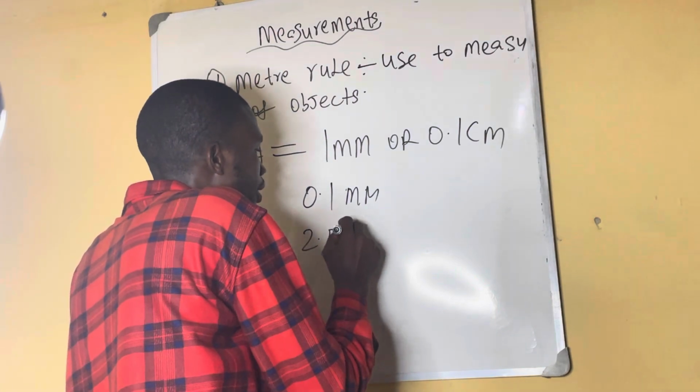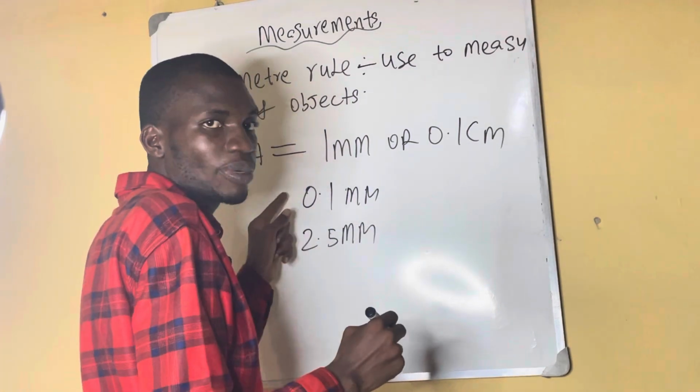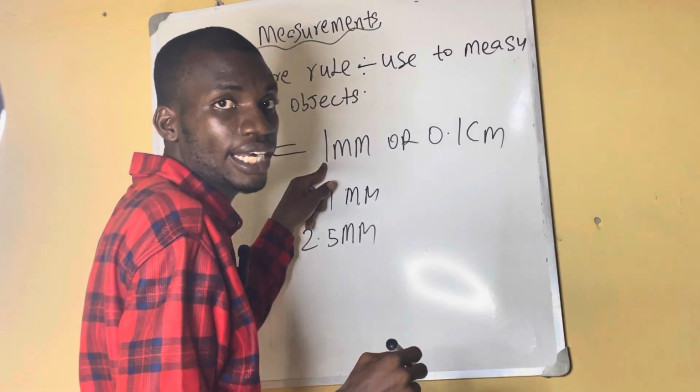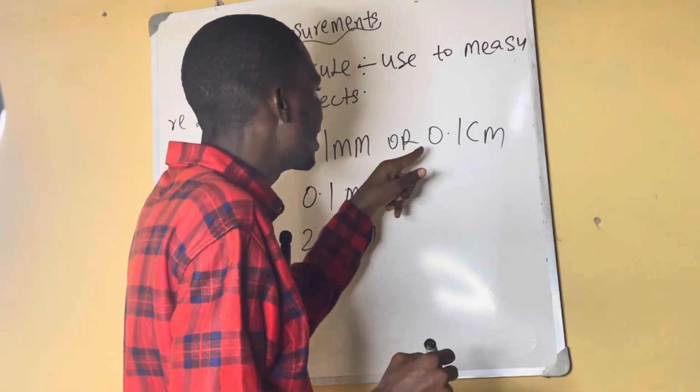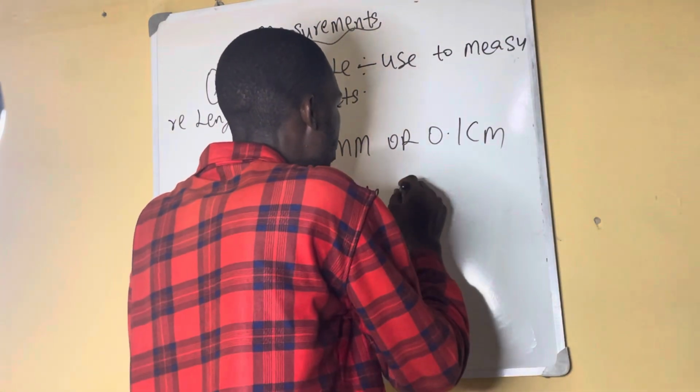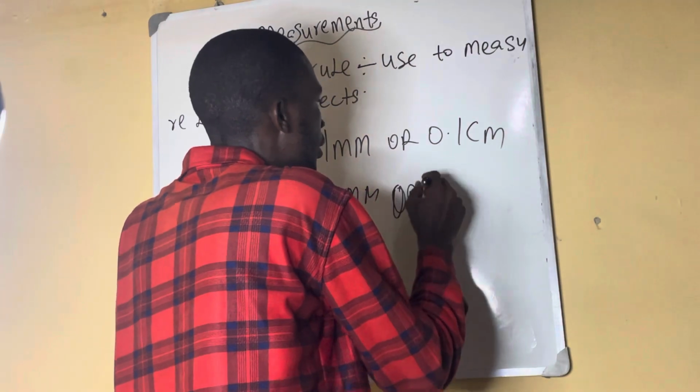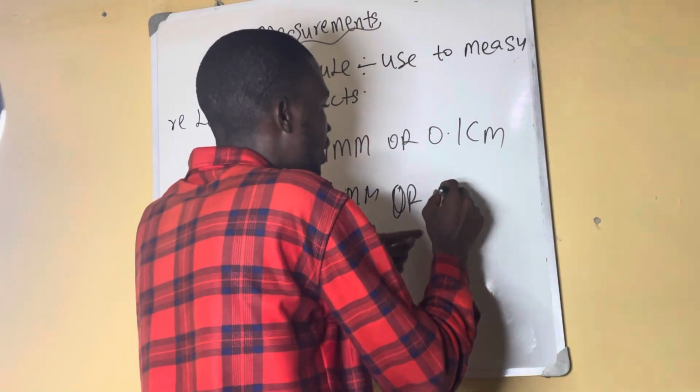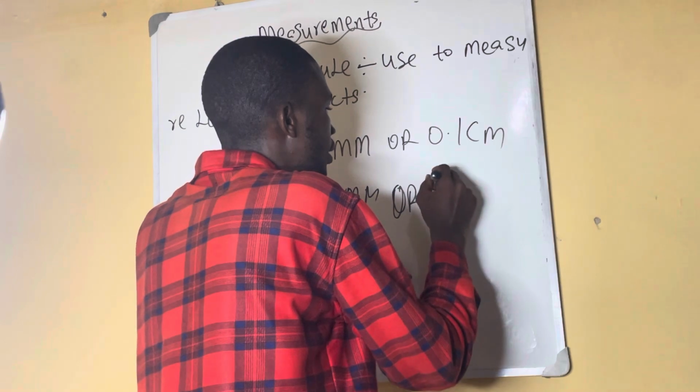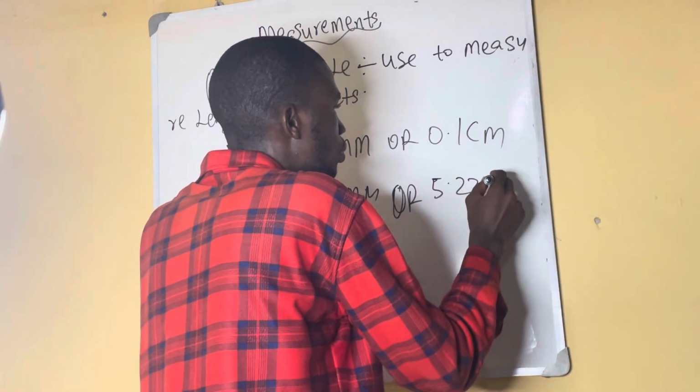or you see something like 2.5 millimeter. It's not possible, because millimeter is a whole number. You can get a decimal point for centimeter. For this one, you can be getting something like 5.22 centimeter.